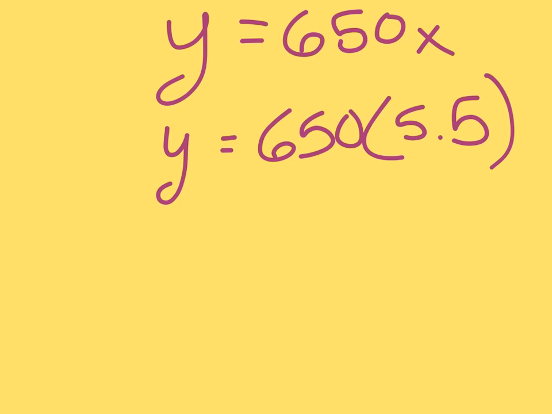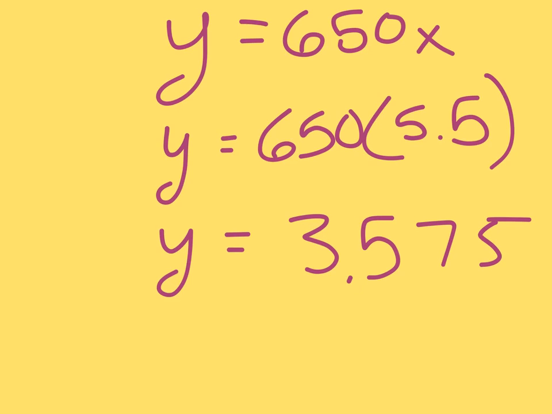I'm going to do that multiplication, 650 times 5.5. And the answer that you come up with is 3,575 calories. So if you were to rock climb for 5.5 hours, you're going to burn 3,575 calories.